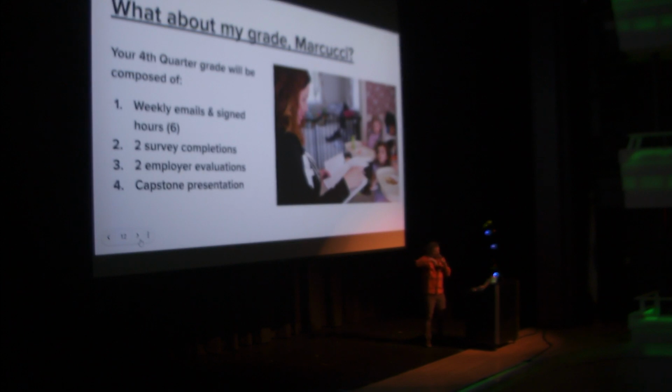So your 4th quarter grade, if you are 0 APs, your 4th quarter grade is what you earn for me in those 6 weeks' time. So it's an average of your weekly emails, your survey, your thank you letter, your capstone presentation. Your 4th quarter transcript in all of your classes will be the grade that you earned in your internship.